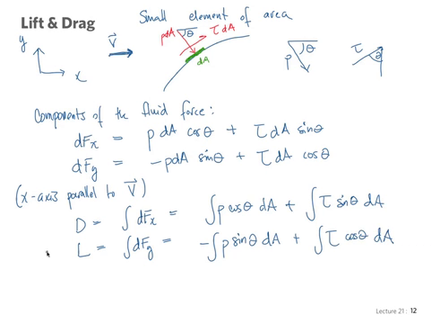So you see here that to integrate this, we would need not only the information about theta at every single point in the surface, but we also need the shear and pressure at every point.